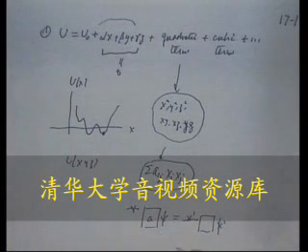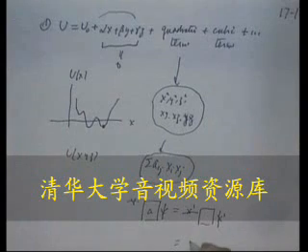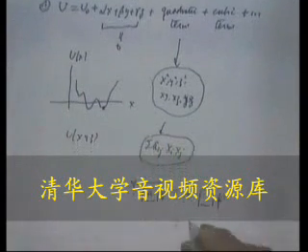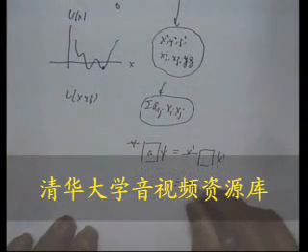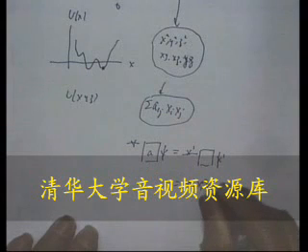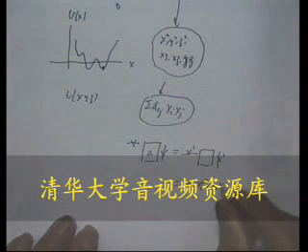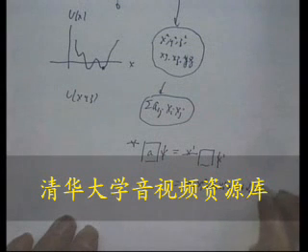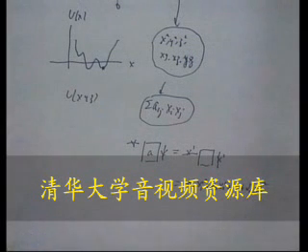In other words, it becomes equal to a constant, let's say, alpha 1 x1 prime squared plus alpha 2 x2 prime squared plus alpha n xn prime squared without cross terms.